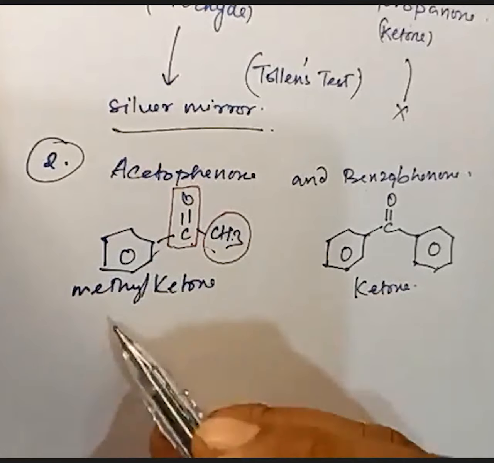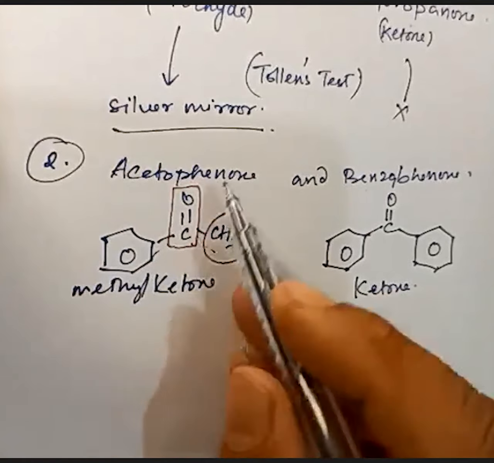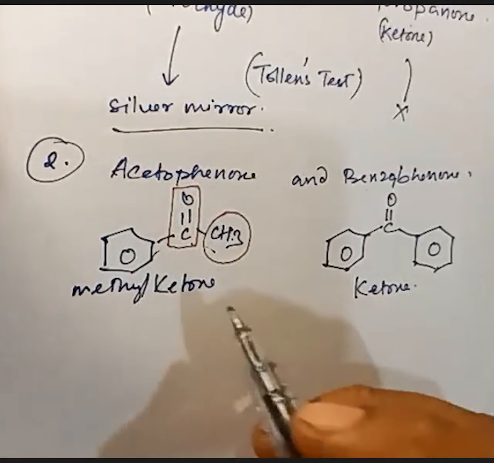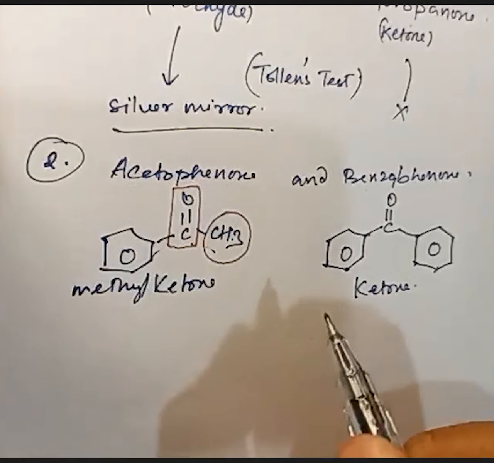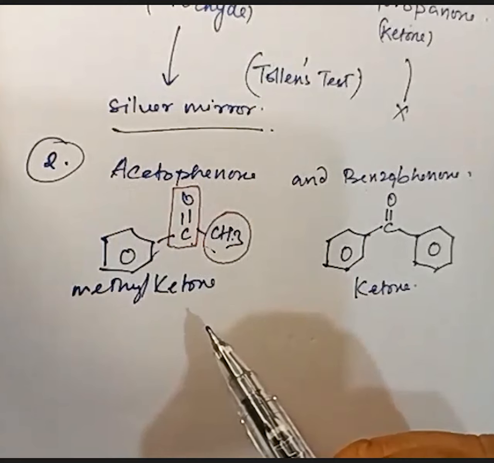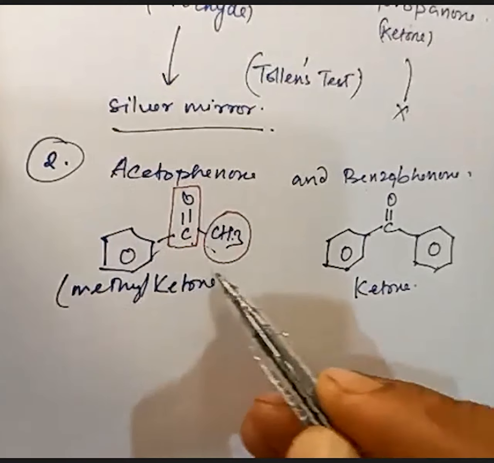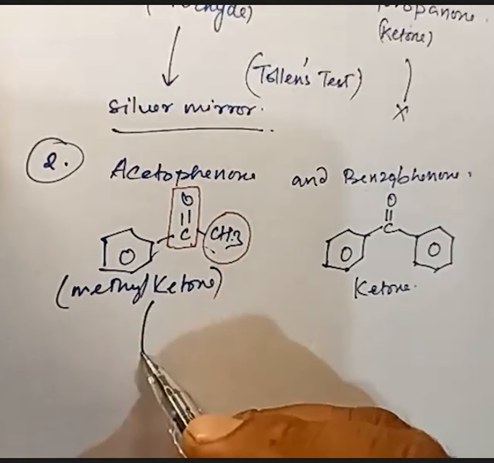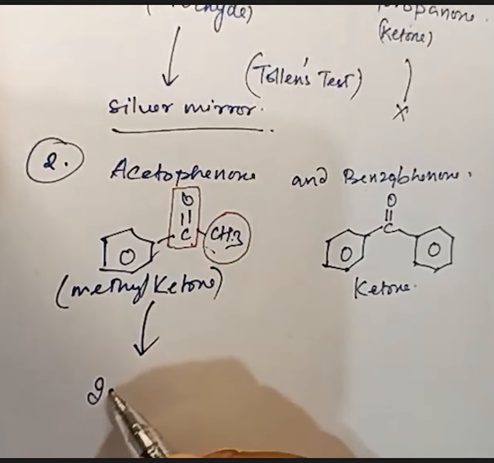This one is not a methyl ketone, this one is a methyl ketone. So since the methyl group is there on one side of this group, it is known as acetophenone. Okay, so acetophenone, methyl ketones give a certain test known as iodoform test.